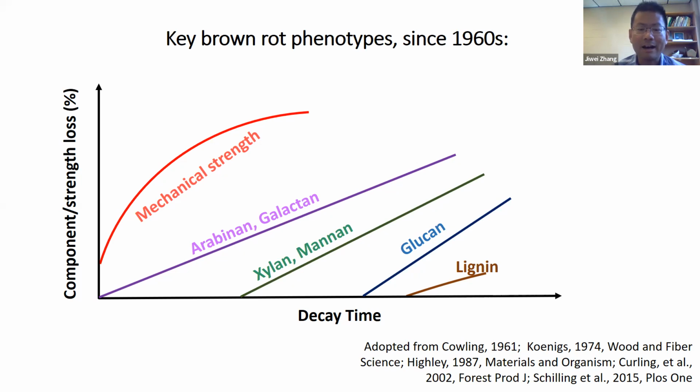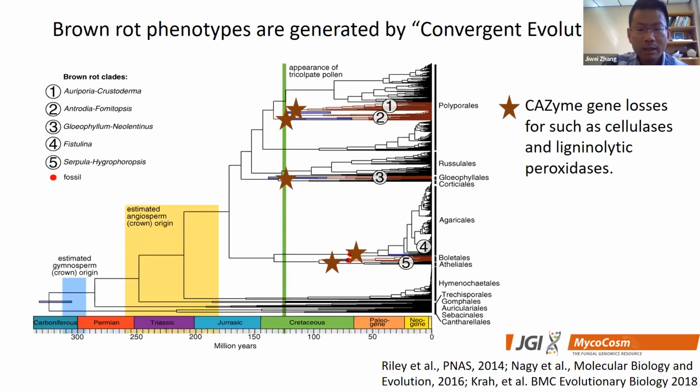And after that, they will leave the modified lignins, which are the most recalcitrant part of the wood. So that's also why brown rotted wood is brown in color. That's mainly because of the colors from the lignin residues. And these lignins, of course, are modified lignins, which are different from the original form of the lignins in the wood.